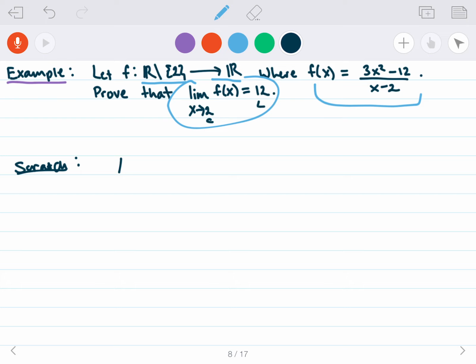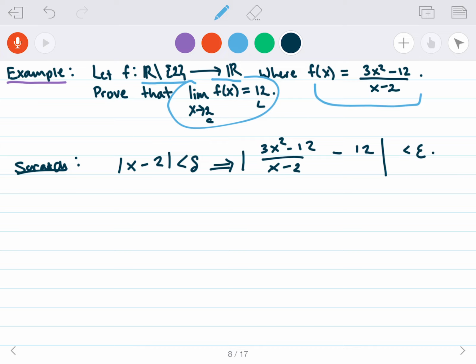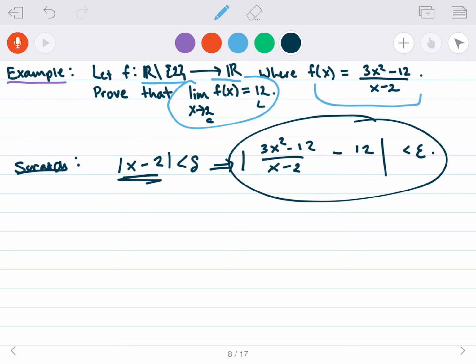From the definition, we want absolute value of x minus 2 less than delta to imply that f of x minus 12, that is 3x squared minus 12 over x minus 2 minus 12, is going to be less than epsilon. That's what I want. I'm starting here to see if, when I start simplifying, I can find an x minus 2, and that's going to tell me what my delta needs to be.